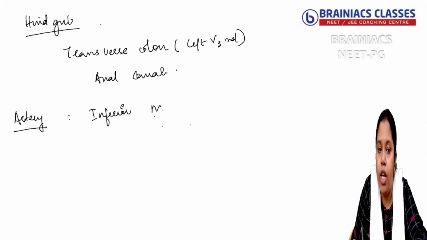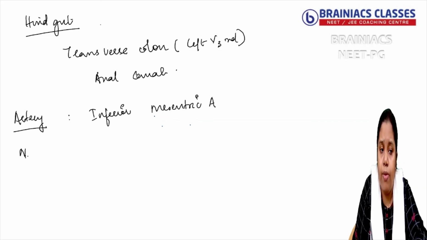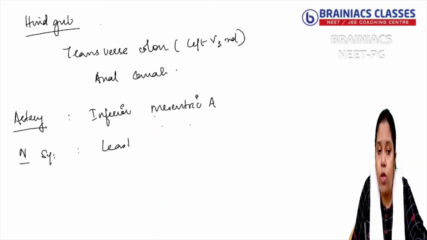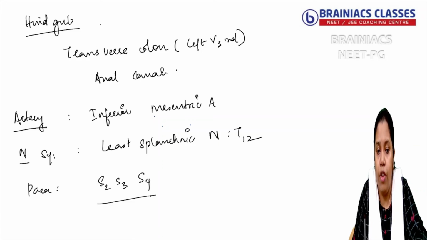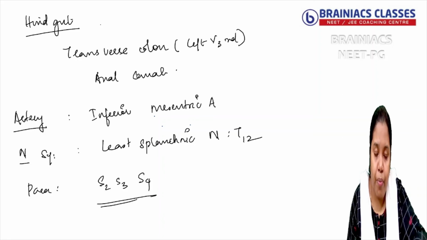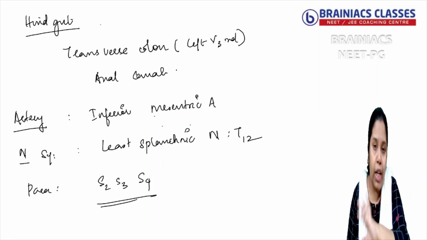For the nervous supply, the sympathetic is by the least splanchnic nerve, which is the T12 segment. The parasympathetic supply is by the sacral nerves S2, S3 and S4. So this is about the foregut, midgut and hindgut.